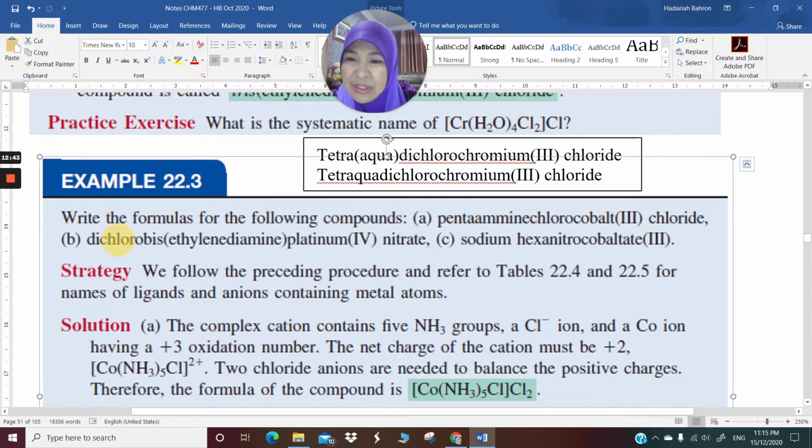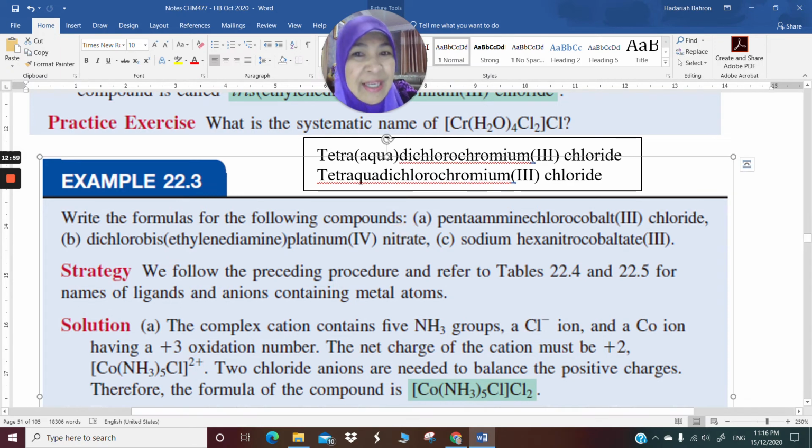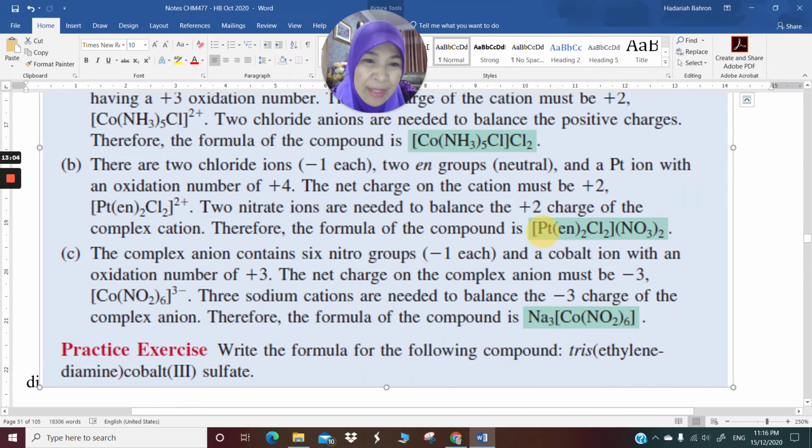So that's -2 plus 0 plus 4. So the whole complex ion has a charge of +2. So your nitrate needed is 2 because each nitrate carries only -1. So there you go. So you have your platinum, your 2 ethylene diamine, your 2 chloro ligand, and then the charge of this square bracket is neutralized by 2 nitrate ion counterion.